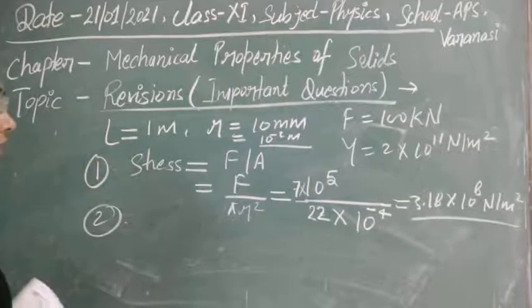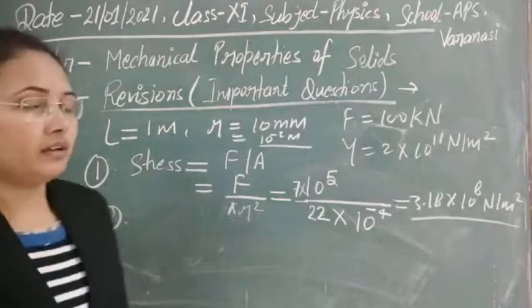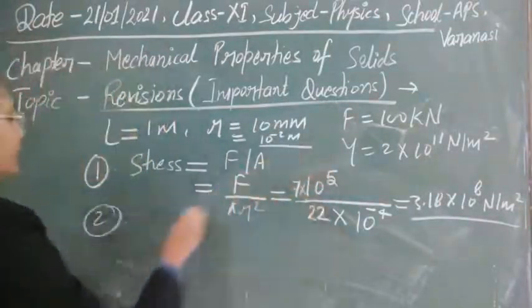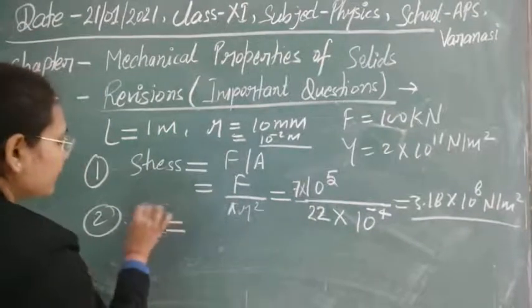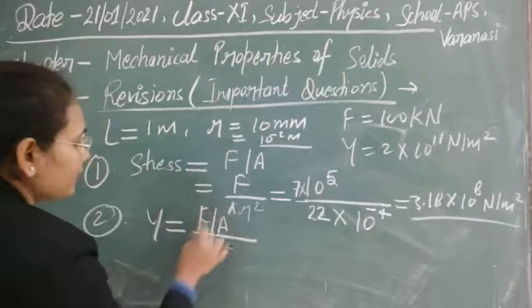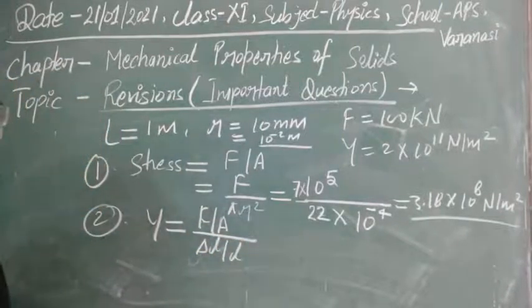Second, the thing we have to discuss here is the elongation on the application of that force. For elongation, we can first calculate the strain, or you can also use the formula directly. We have the Young's modulus, which is given by stress, force per unit area, upon change in length upon original length.